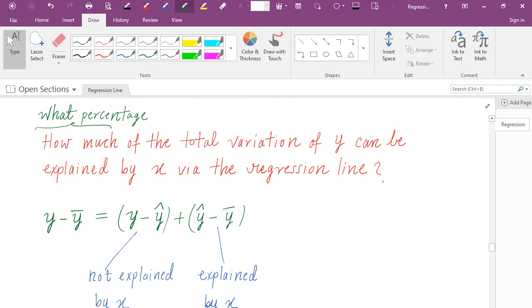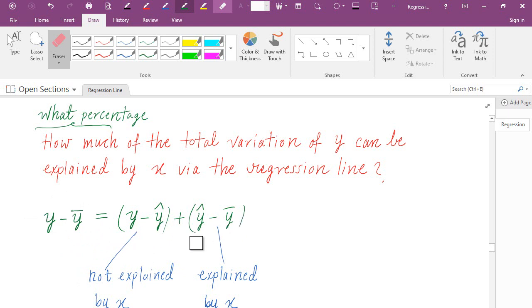A variation of y means the distance of a y value from the mean of y. So y minus y bar is the variation of y from the mean. I can rewrite that as y minus y hat plus y hat minus y bar.